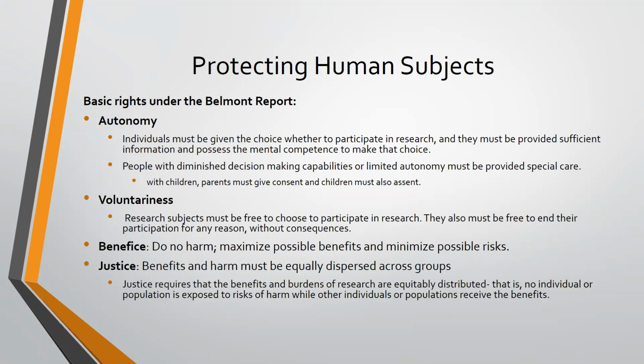Justice means that the benefits and the harm must be equally dispersed across groups. So there should be no individual or no population that's exposed to the risks of a study while others receive the benefits. So, say, for instance, you wanted to break up an experiment into genders.